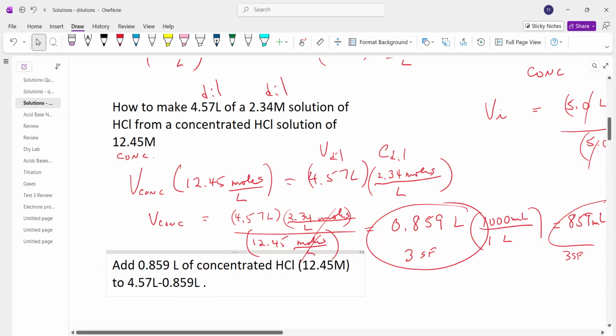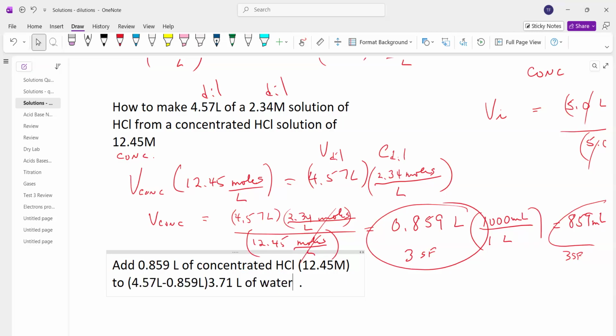And that is, okay, so we do the subtraction, that's 3.71 liters of water we're going to add.